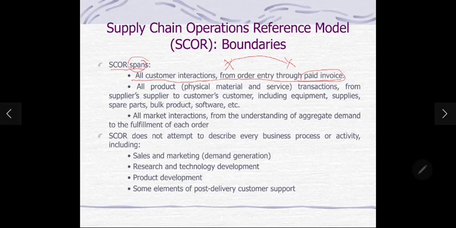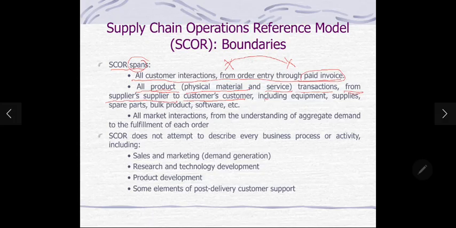It also covers all product transactions, physical product or services, any process that belongs to the production from suppliers, so from the start of the supply chain up to the customer, in other words, up to the end of the supply chain.